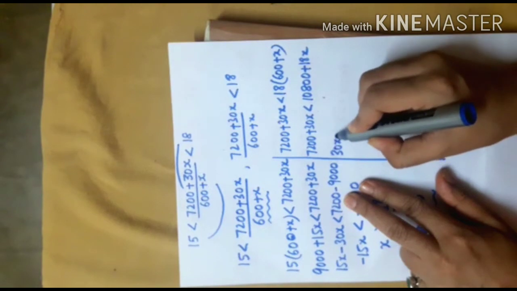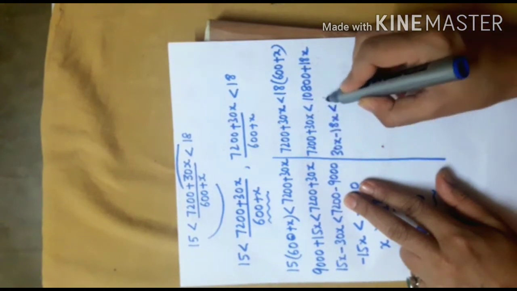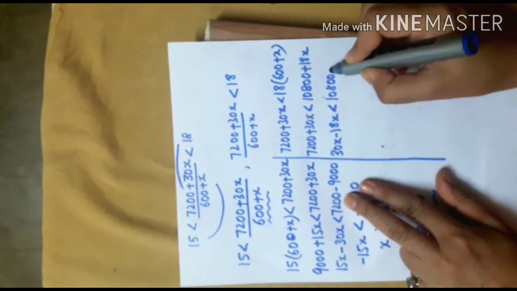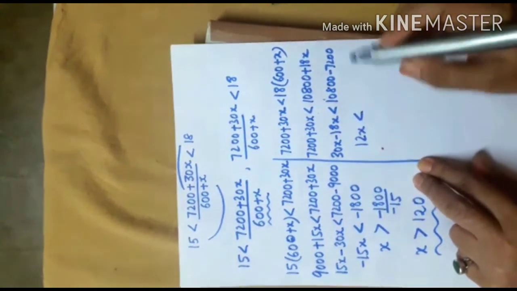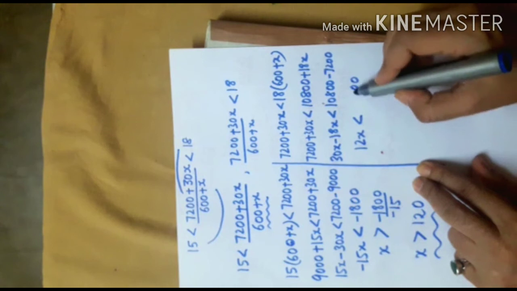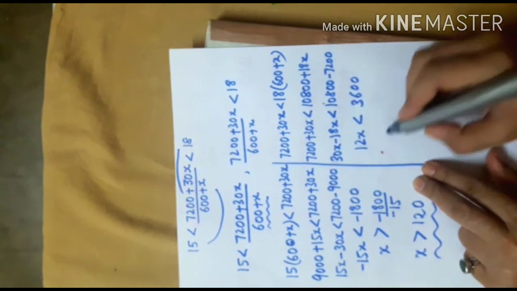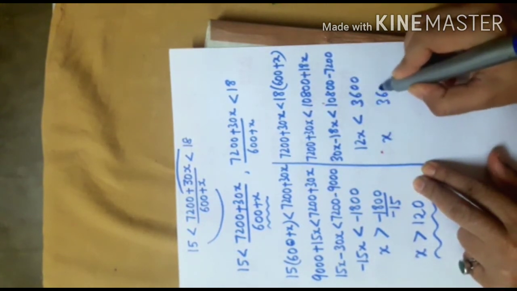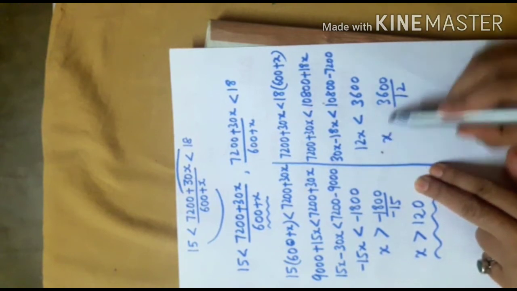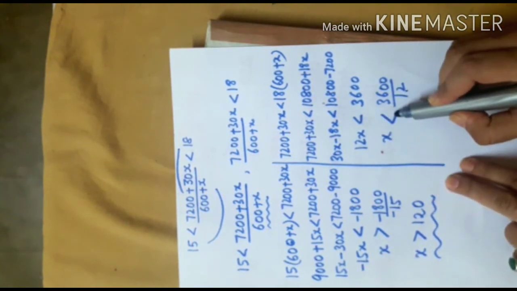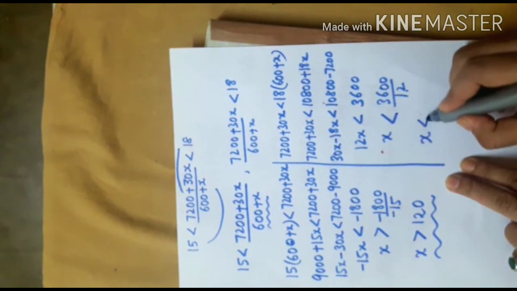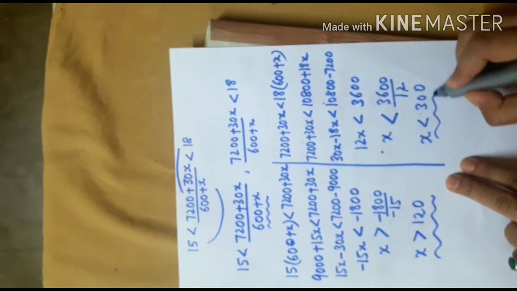So 30x minus 18x less than this. So here I'll get 12x less than 3600. So x will be this. As I have divided with a positive number, so sign of inequality will not change. So x will be less than 300.